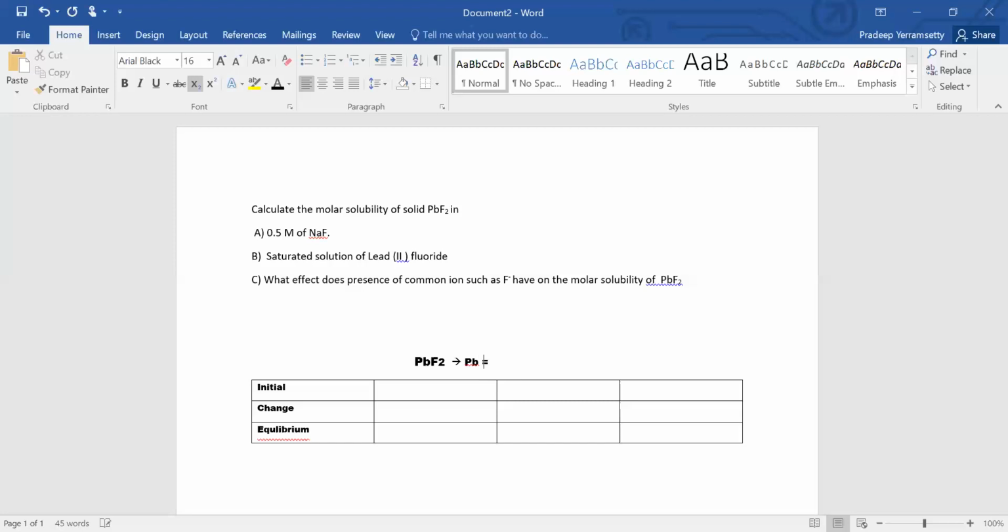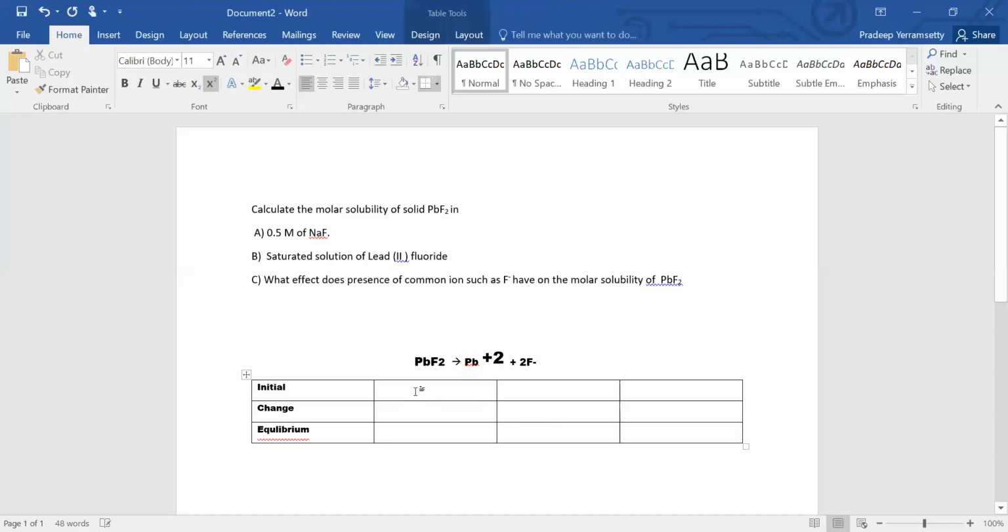PbF2 dissolves to give Pb 2 plus plus 2F minus. So you guys get the idea. It's all weird looking, but it's Pb 2 plus plus 2F minus, correct?